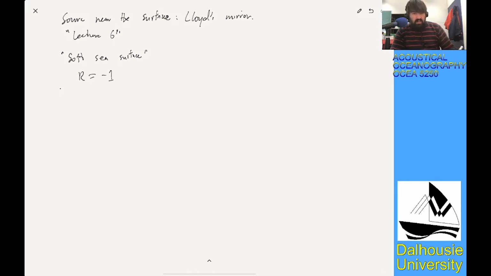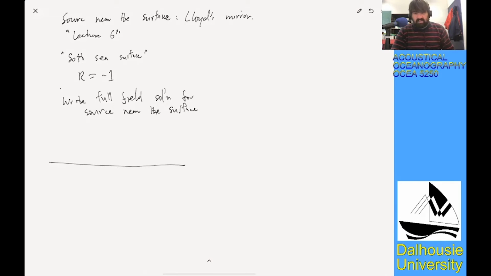Okay, so let's look at this a little more in the context of how we looked at the bottom, right? So let's write our full field solution for a source near the surface. Okay, so here's our surface. It's pretty flat, I guess.